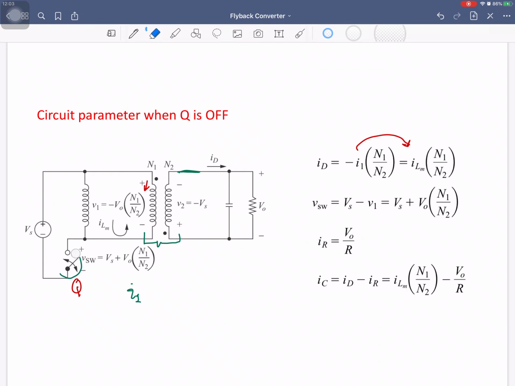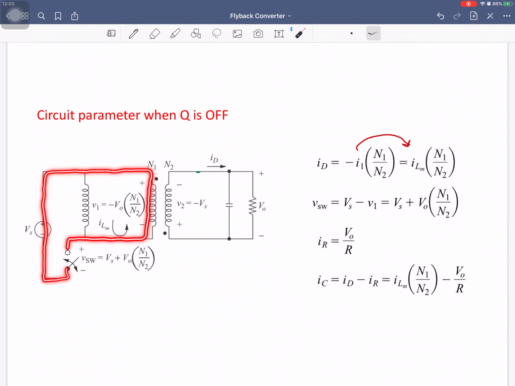Let's first of all remove this one. Okay, now consider this loop. We want to look at the voltage across this switch. So it is minus Vs, and then the voltage across this primary winding, that will be summed. So now the voltage across these 2 points, these are to be determined, that will be equal to supply voltage plus the voltage across your primary winding, and primary winding is having the opposite voltage.